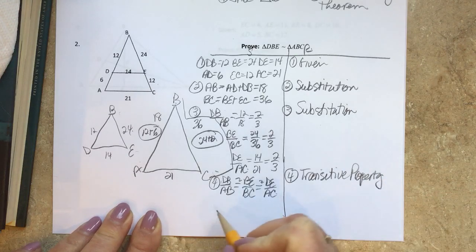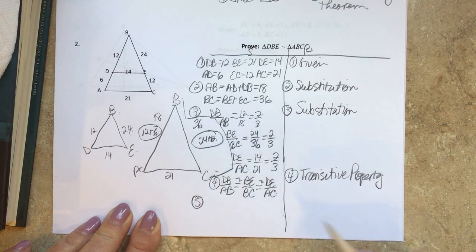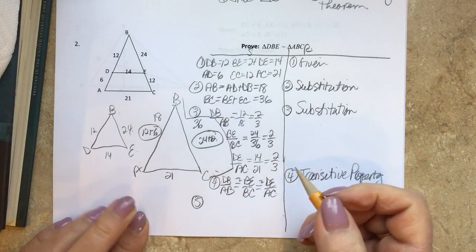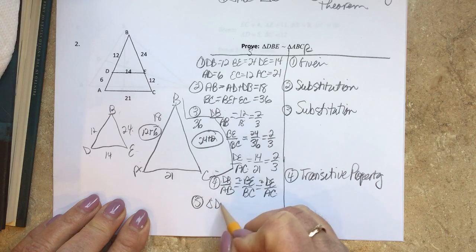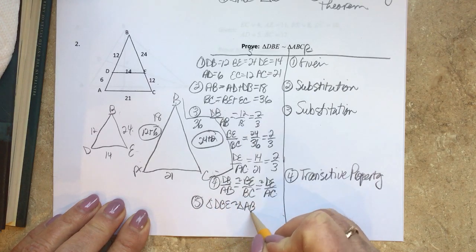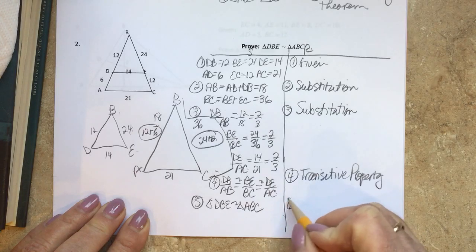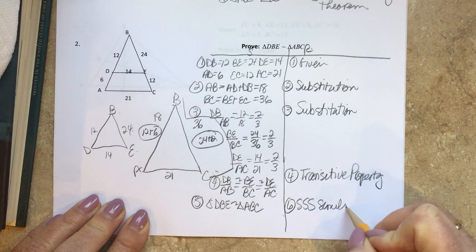All right. So now that we have all 3 pairs of corresponding sides in proportion, I can use the side-side-side similarity theorem. So triangle DBE is similar to triangle ABC, and that's by the side-side-side similarity theorem.